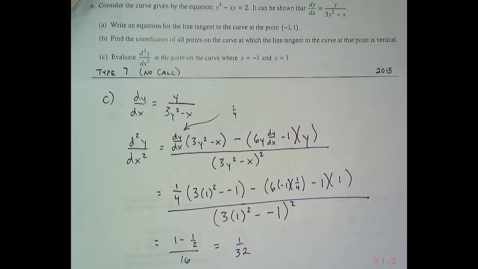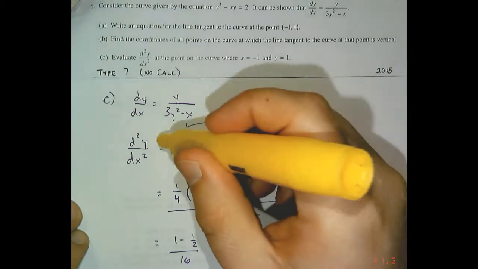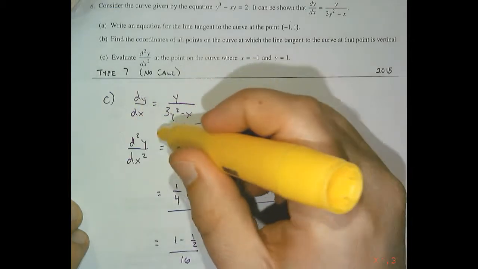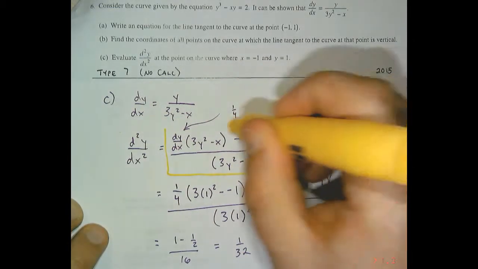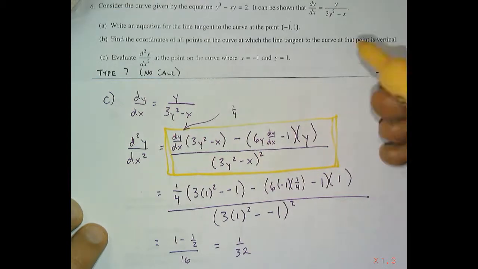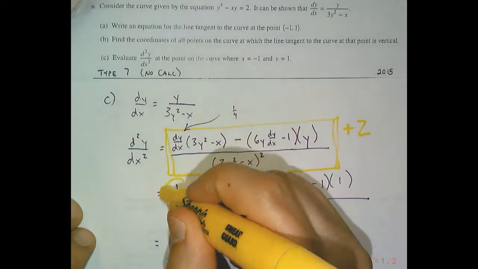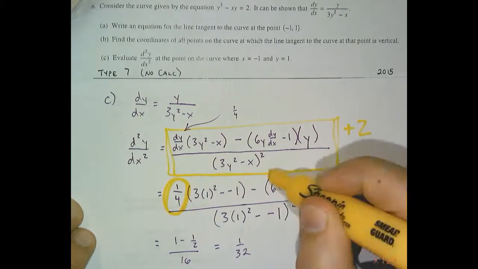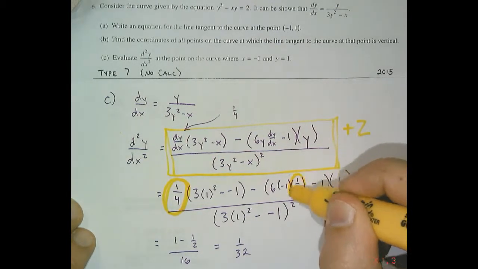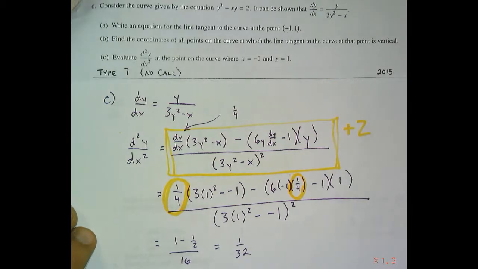This is worth 4 points. You get 2 points for doing the implicit differentiation. Then you get 1 point for substituting in the dy dx, and I believe that they would give me credit for putting in the 1/4 right there as that substitution.